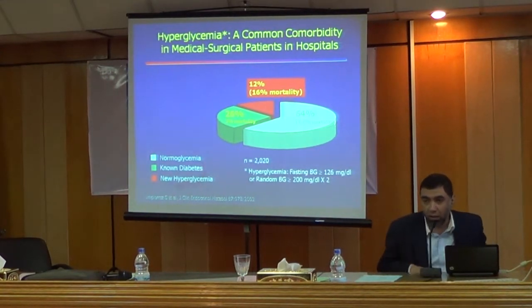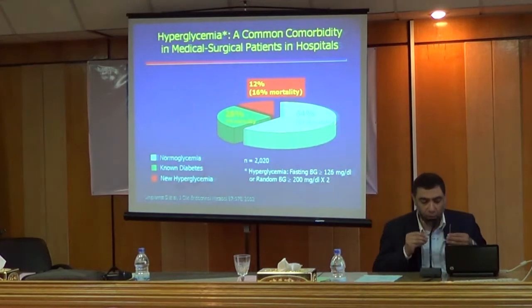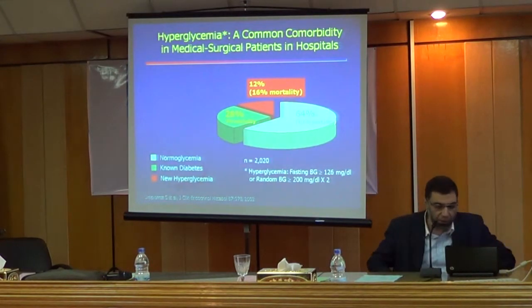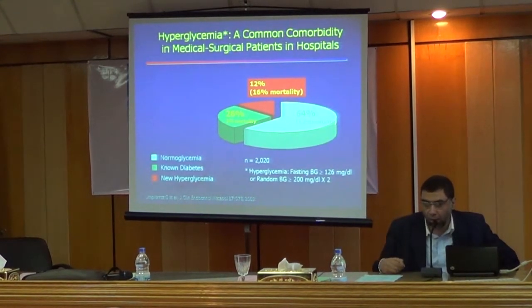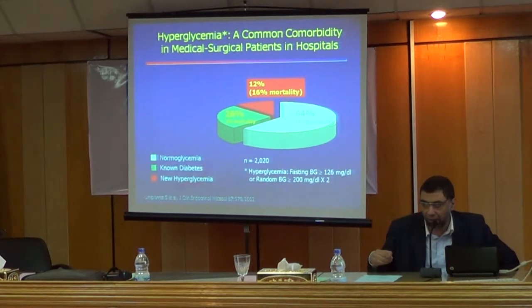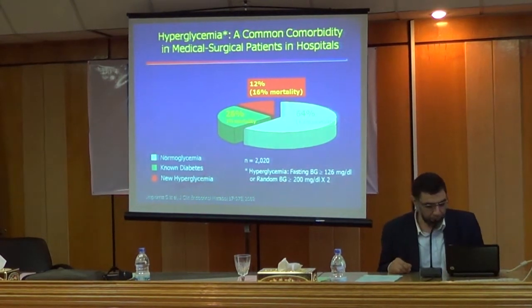So again, the mortality is almost 1.7% in the euglycemic, doubled in the non-diabetic, but a tenfold increase in the patient who presents with diabetes for the first time during hospital admission.